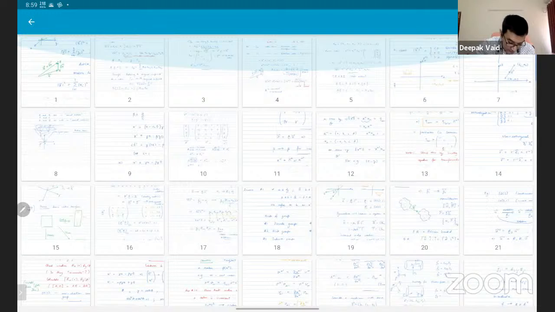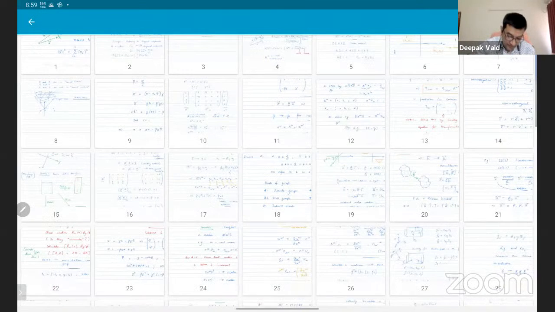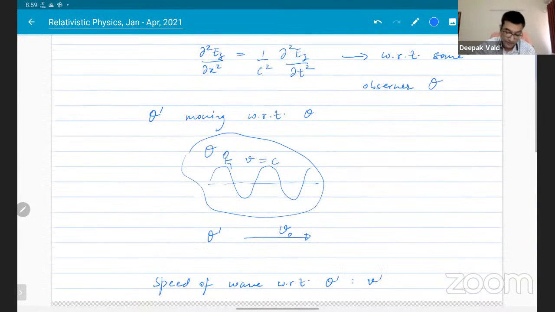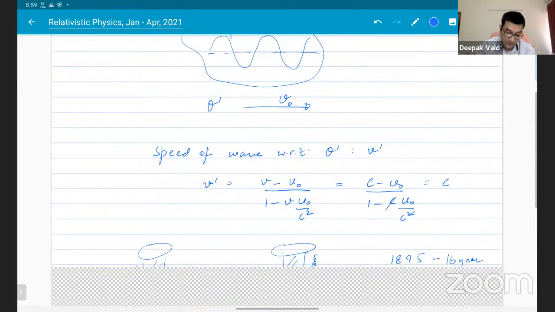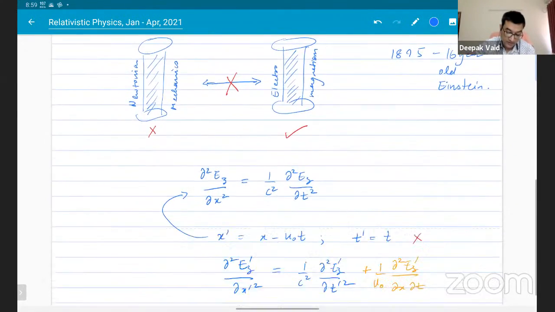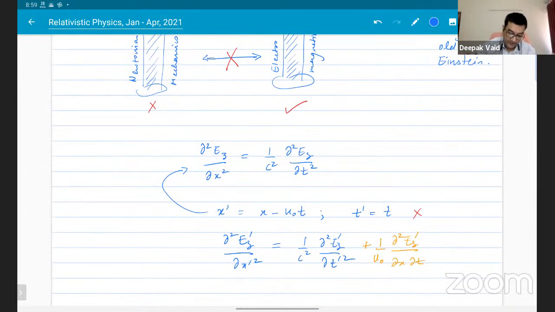So this was the origin of the special theory of relativity. You can also say it was the origin of quantum physics also. Well, that was a separate set of considerations, but related. They are not completely independent.